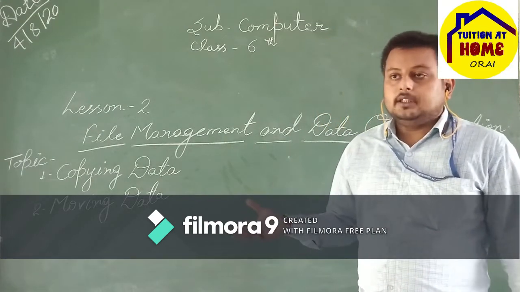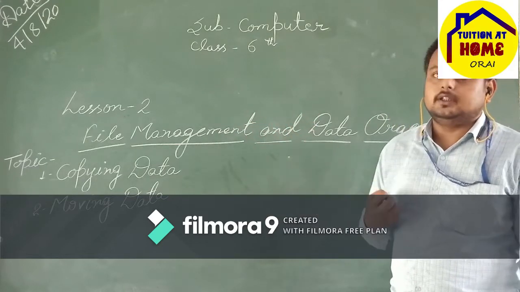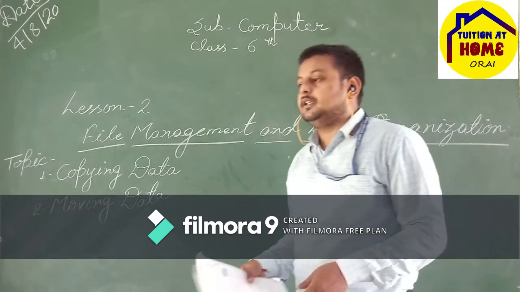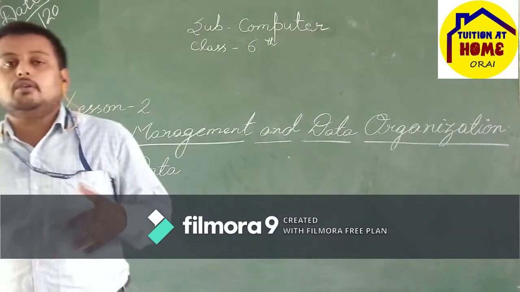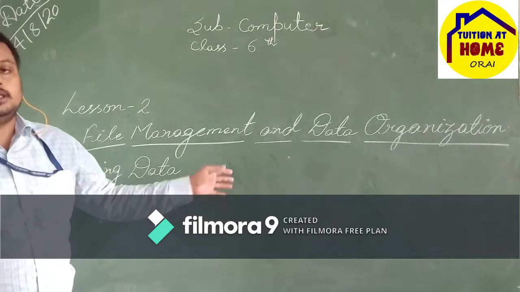After completing the work, you have to send it to me, so that I can get to know how many students have completed their work up to the first lesson.